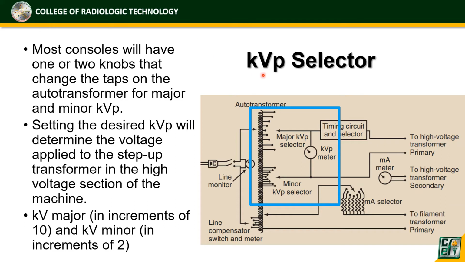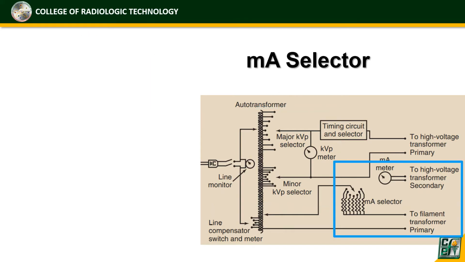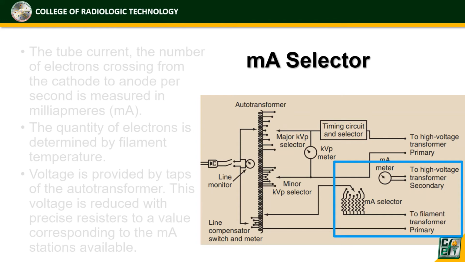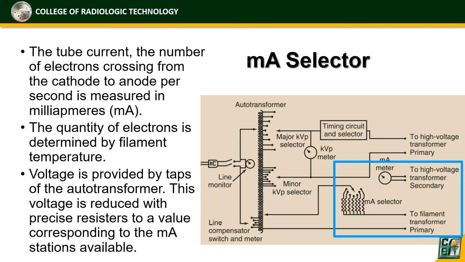So basically, kaya nga siya KBP selector, this is where we select the kilovoltage peak. So next is the MA selector. So the tube current, as we remember, is adjusted and controlled by the filament current.